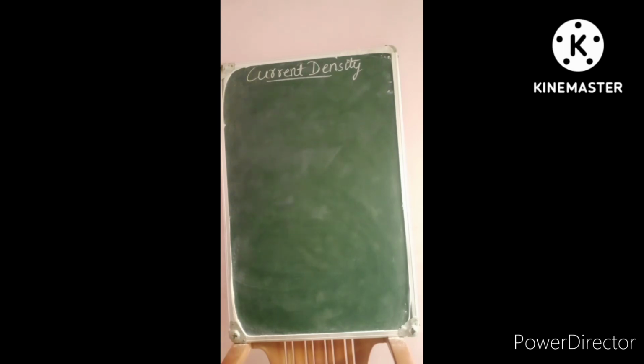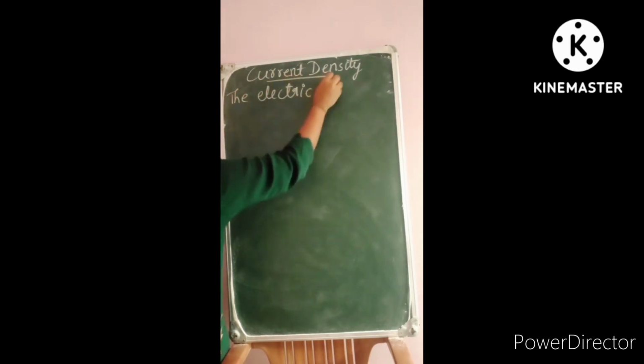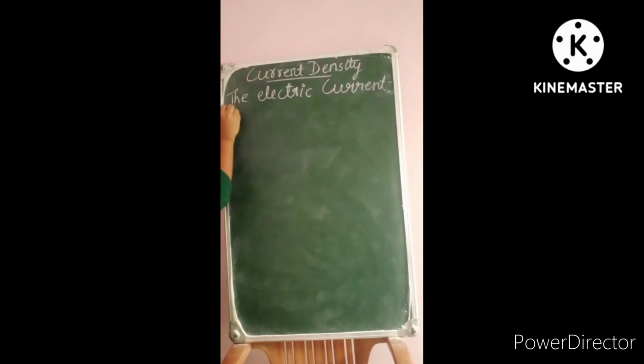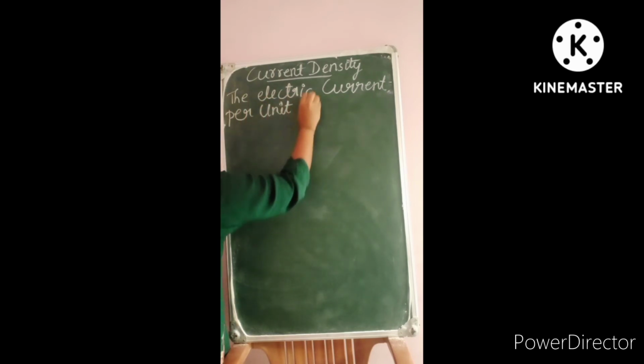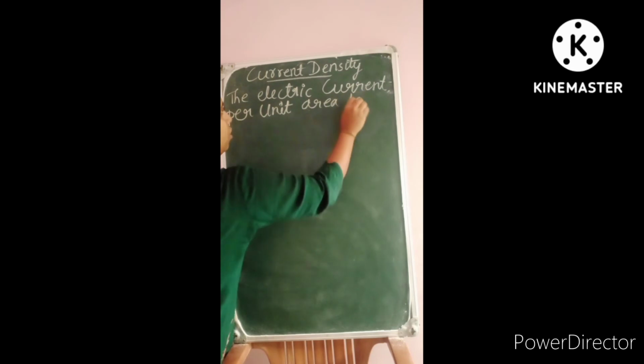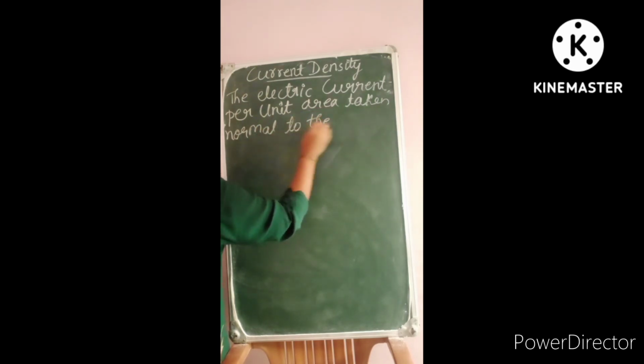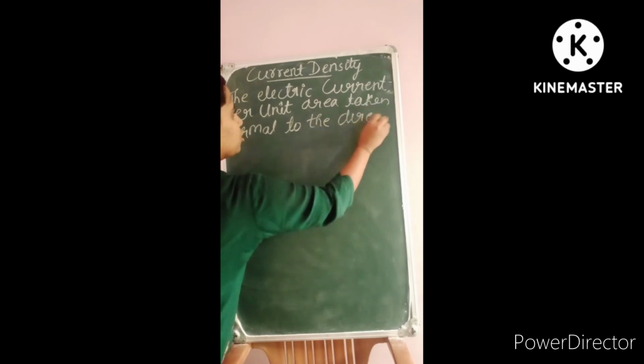Next you are studying about Ohm's law. Before going to Ohm's law, there is one more term you have to study here, that is the current density. Current density is nothing but the electric current per unit area taken normal to the direction of current.